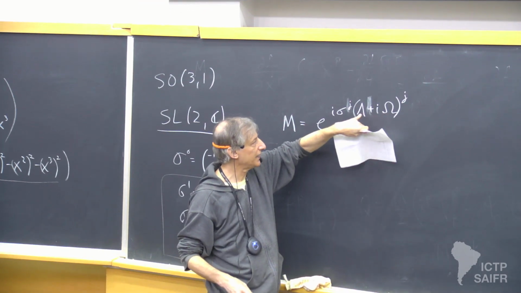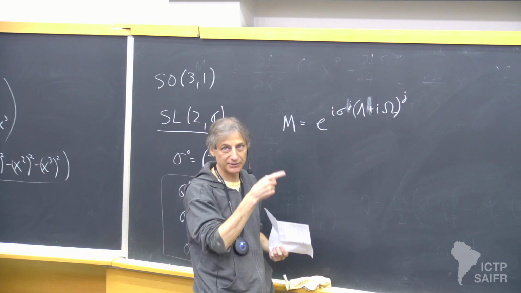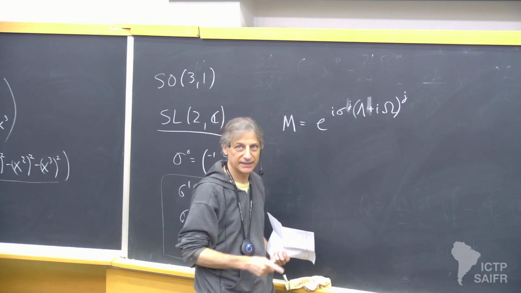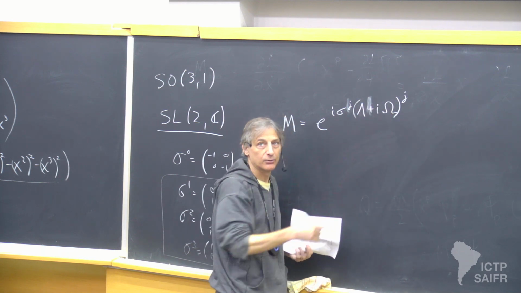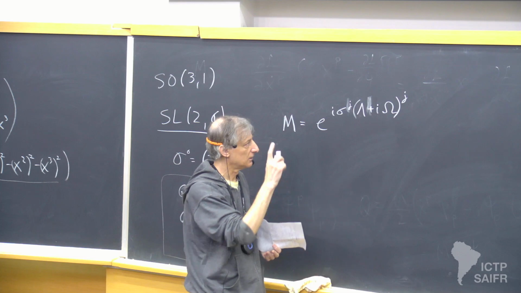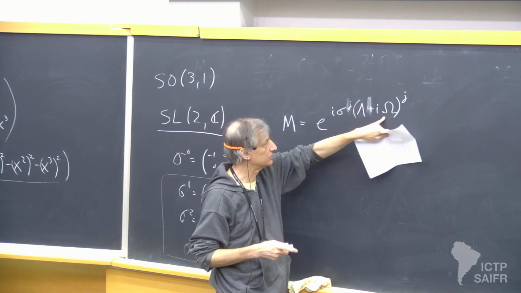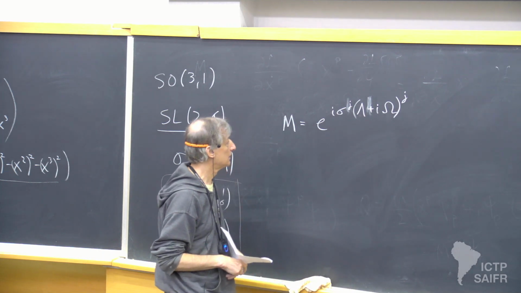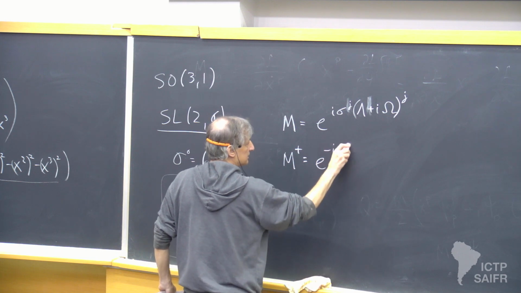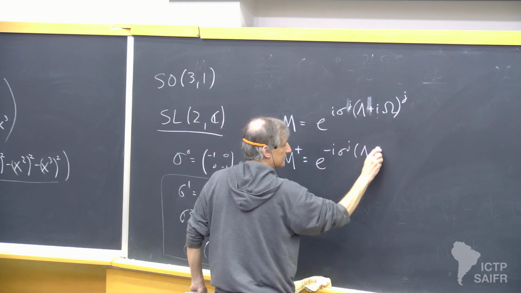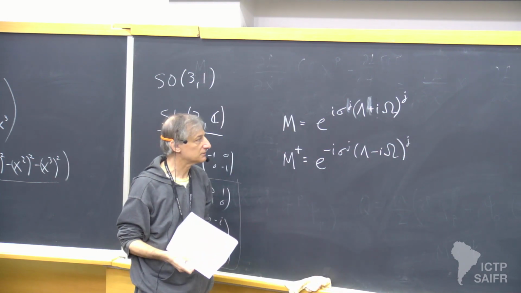And these lambdas and omegas are related to the rotations and boosts. You can do a rotation around the x-axis and a boost in the x direction, and that would be lambda 1 and omega 1. Or you could do a rotation around the y-axis and a boost in the y direction, and that would be related to lambda 2 and omega 2, etc. And of course, M dagger is just e to the minus i sigma j lambda minus i omega, because I just take the Hermitian conjugate of this.